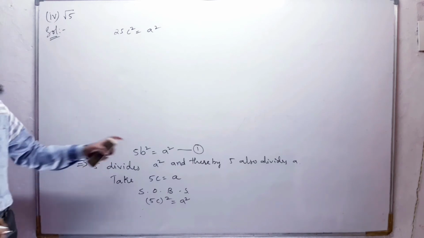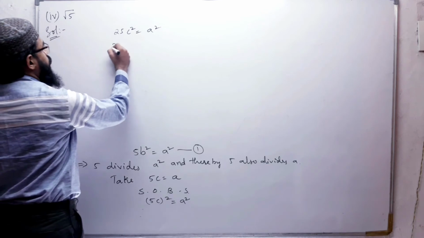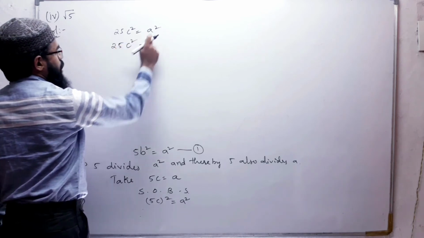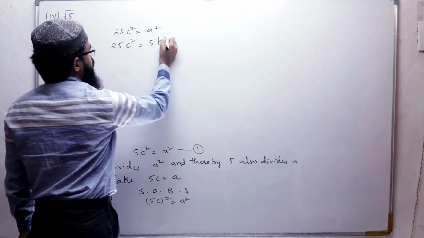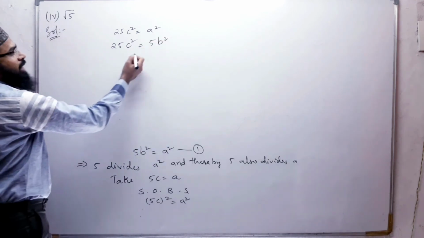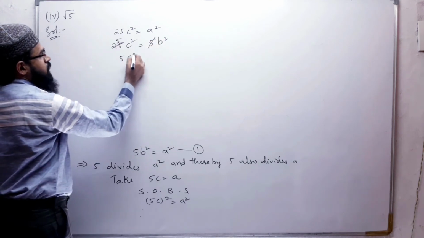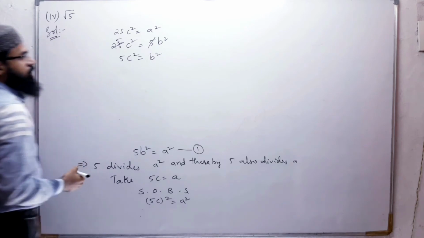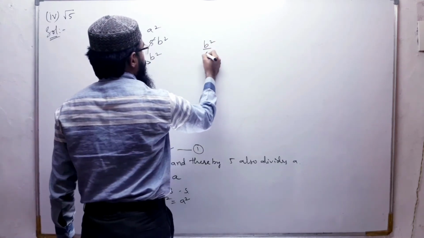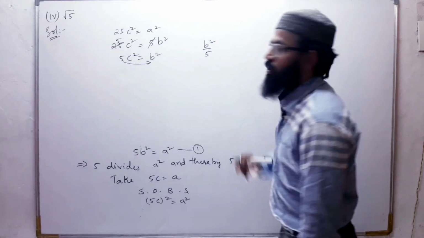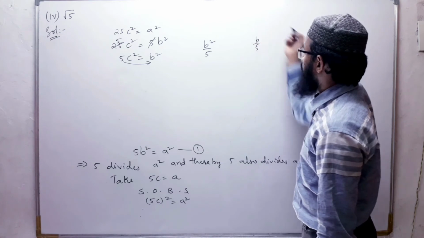From the first equation, what is the a square value? It is 5b square. So in place of a square in 25c square we can write 5b square. Now we can cancel this: 5 ones are 5, 5 fives are 25. So 5c square is equal to b square. When this 5 goes down, it means 5 is dividing b square. When it divides b square, it can also divide b.